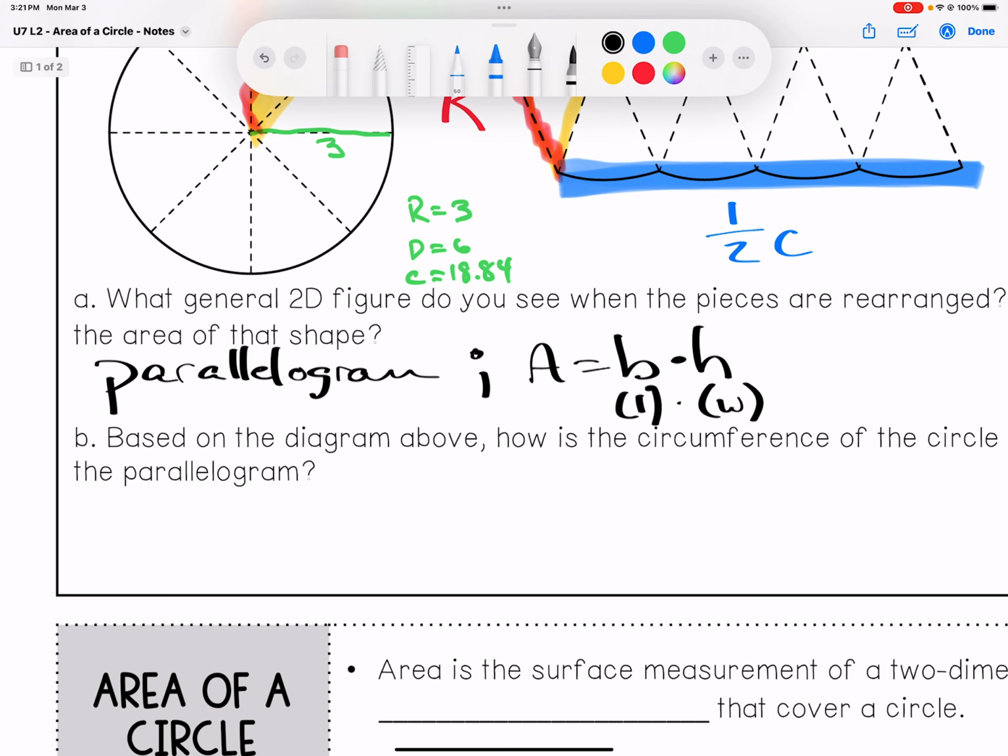All right, let's answer B, then we'll go back and do the areas up there at the top. Based on the diagram above, how is the circumference of the circle related to the length?